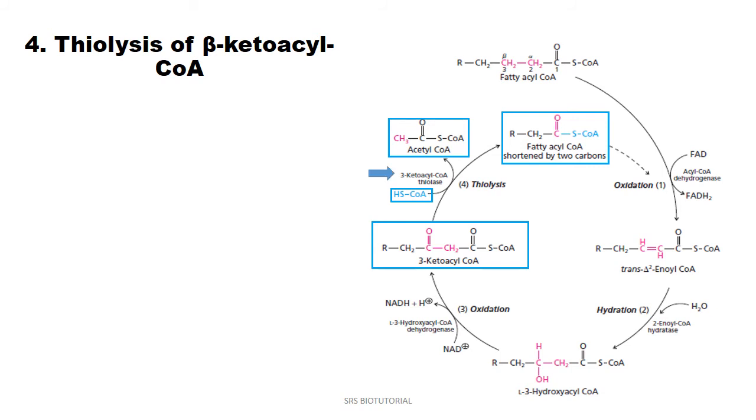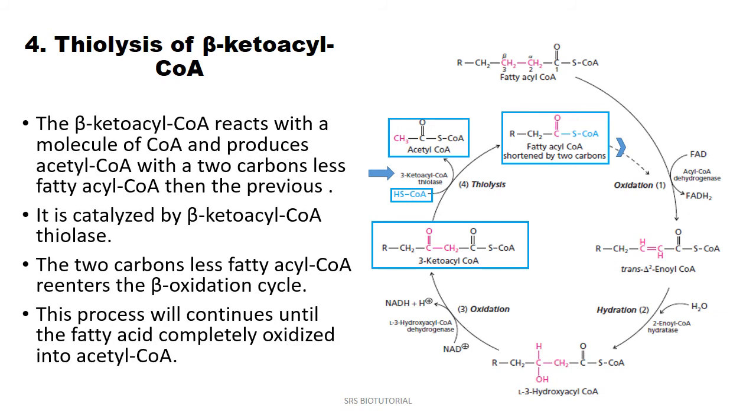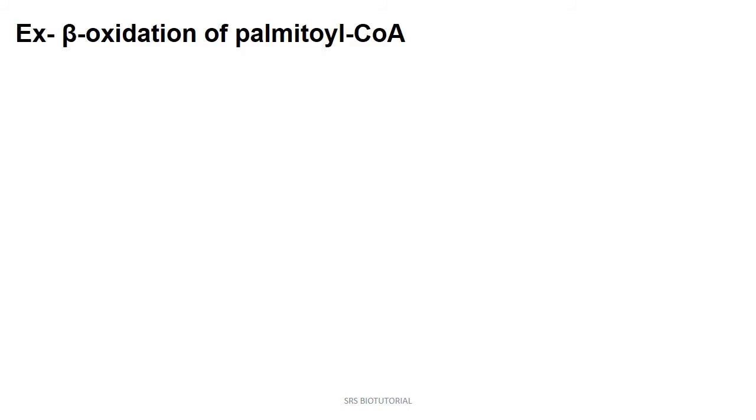This reaction is catalyzed by beta-ketoacyl coenzyme A thiolase. The two carbon shorter fatty acyl coenzyme A re-enters the beta-oxidation cycle. This process will continue until the fatty acid is completely oxidized into acetyl coenzyme A.